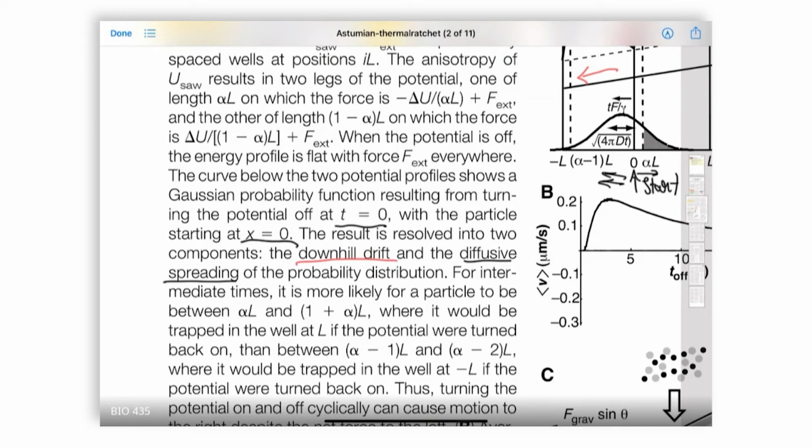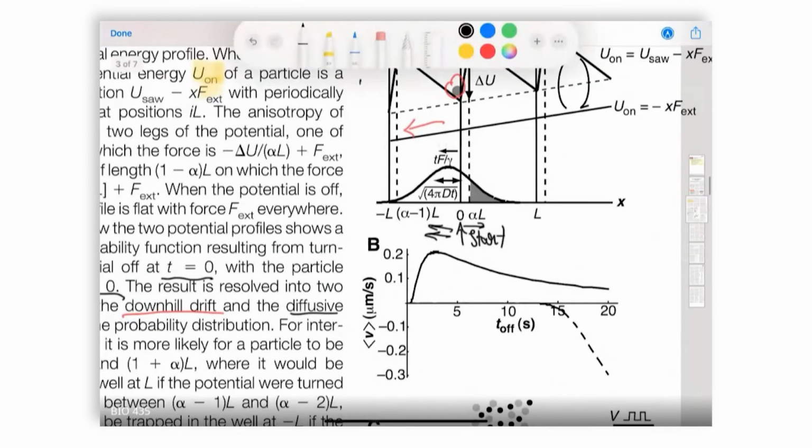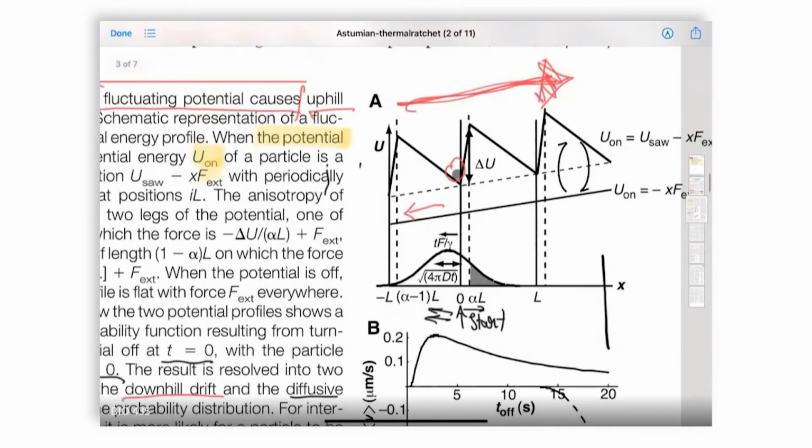For intermediate times, they argue that it is more likely for a particle to be between alpha L and 1 plus alpha L. Now, this is an interesting argument, yeah? Alpha L is the little bit over here ahead. Now, if you go back and look at the figure, alpha L is the peak of the potential gradient, on the right-hand side of the initial position.